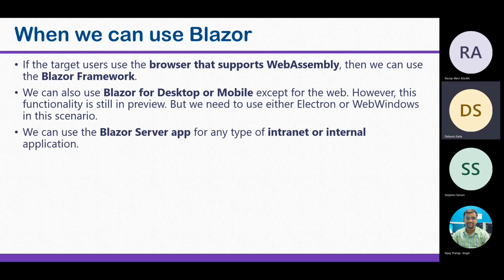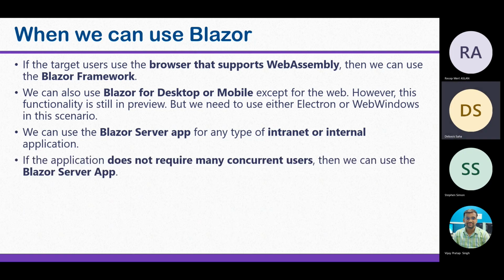So we require some third-party tooling options to implement this part. Also, we can use the Blazor Server app for any type of intranet or internal application. These are totally server-side based applications which run from the server, and only the client side is rendered on the client user machines. Also, if the application does not require many concurrent users, then we can use the Blazor Server app.